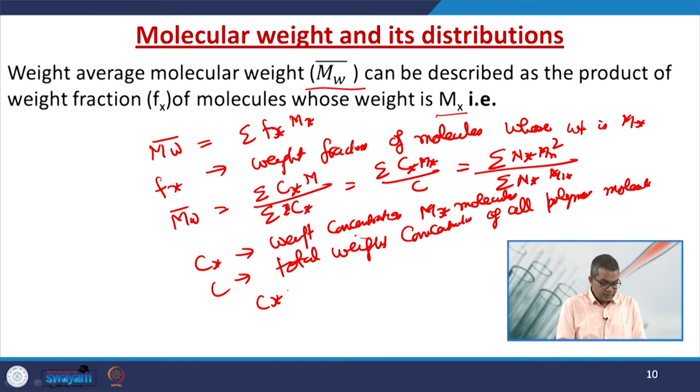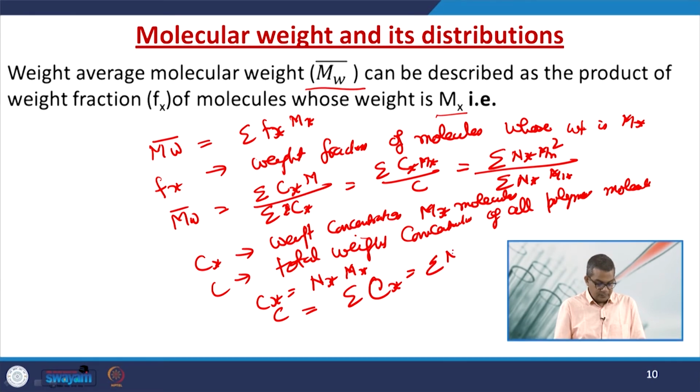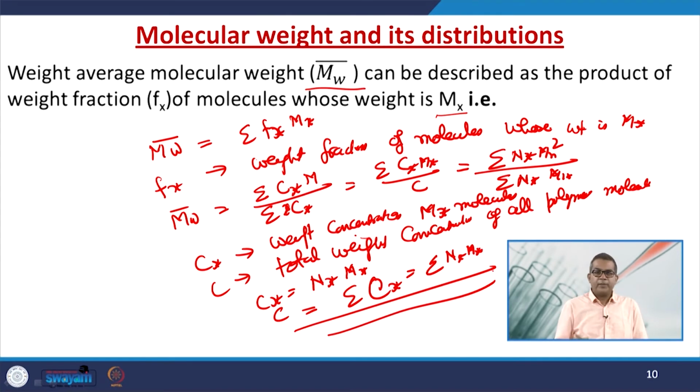Now Cx is equal to Nx Mx. So this is the mathematical representation of the weight average molecular weight, how we can represent the weight average molecular weight with respect to the polymeric system.